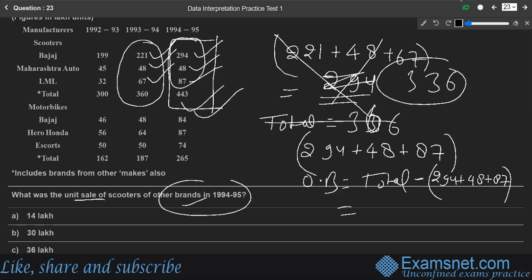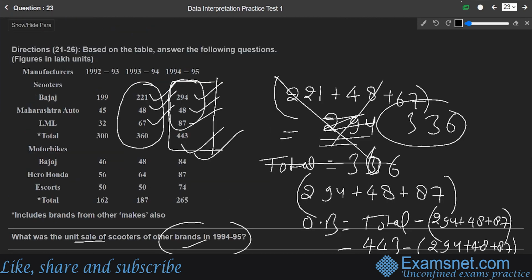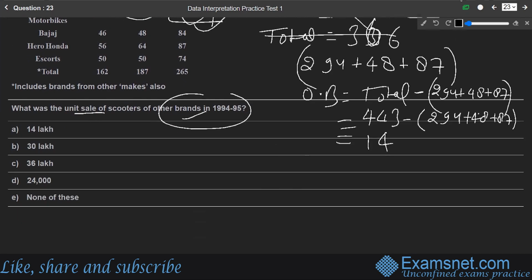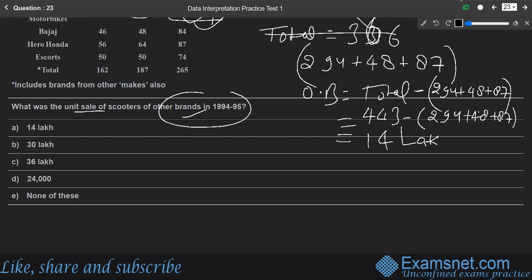This is how we can find the other makers' sale, by subtracting from the total value, 443. The value comes out to be 14. All the units are given in lakh units, so it is 14 lakh. That is available in option A, which becomes the right answer.